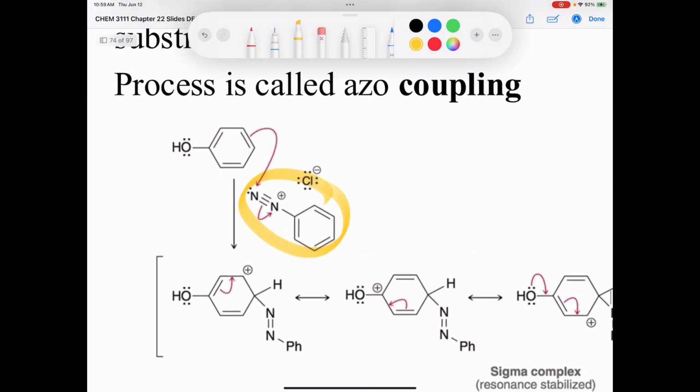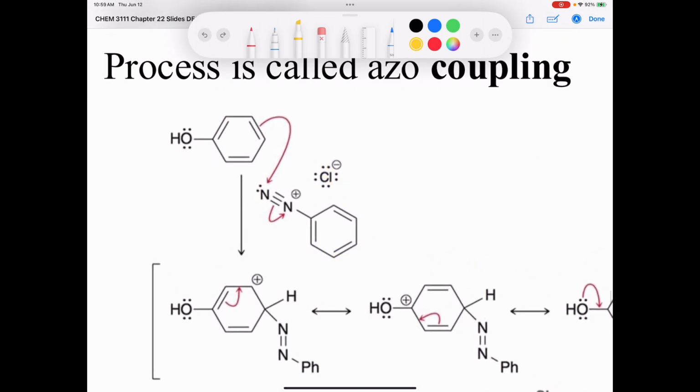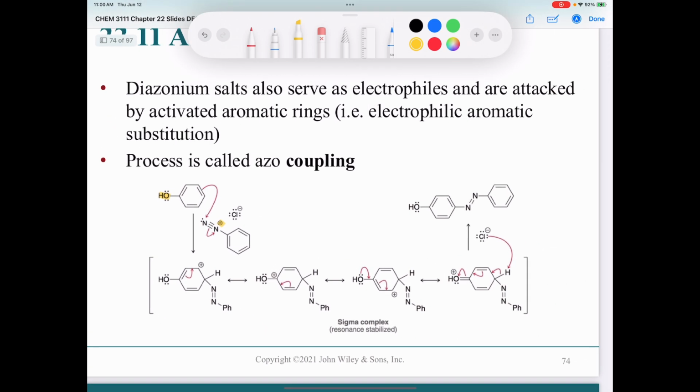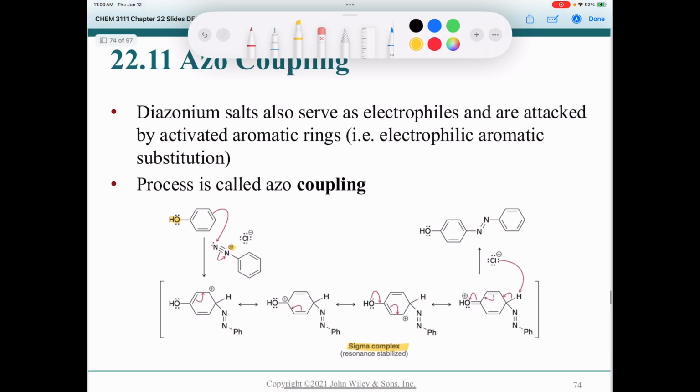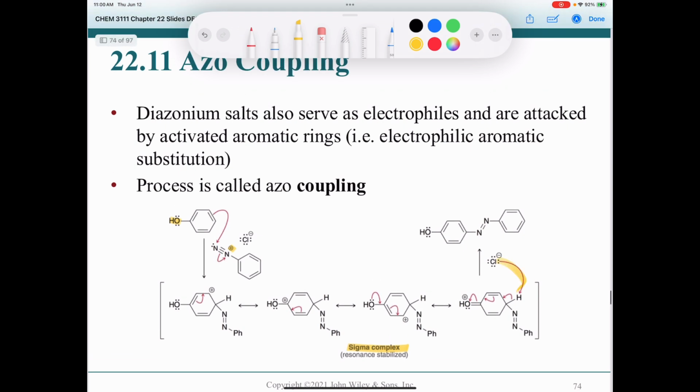I mean, you can rationalize that this is a good electrophile. I mean, you have the positive charge right here. So we have an activating group here on this aromatic ring. So we have our nucleophilic attack, and then we end up producing our sigma complex or our arenium ion. And then after a proton transfer here, we restore aromaticity, and we end up making our azo compound.